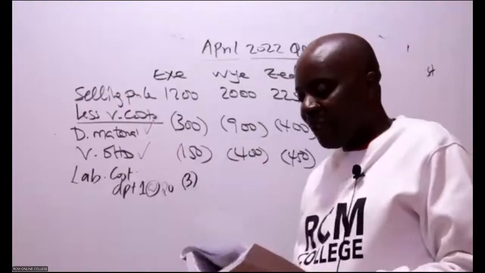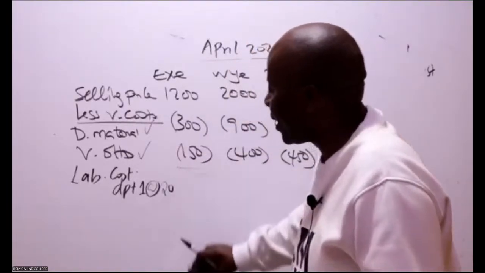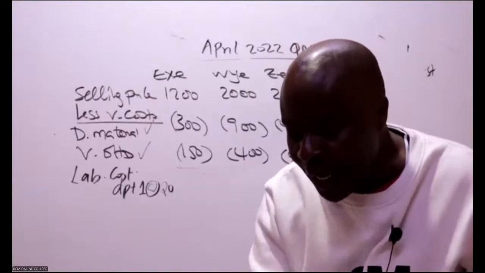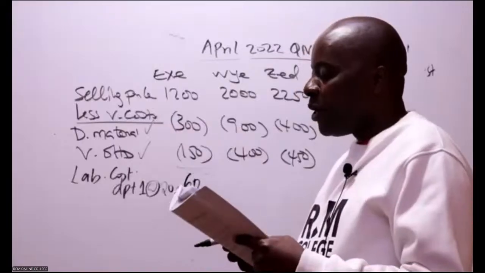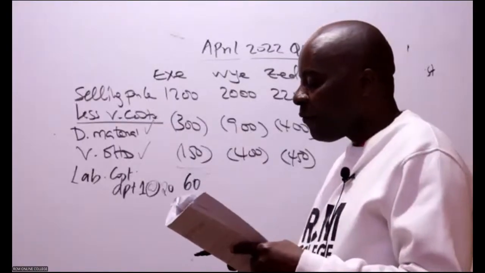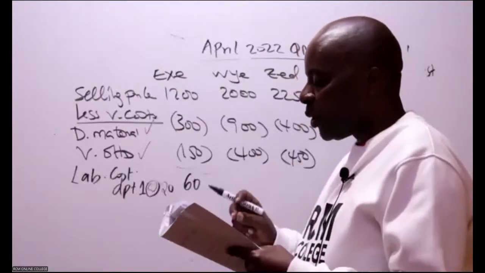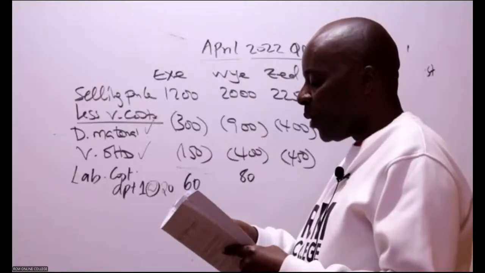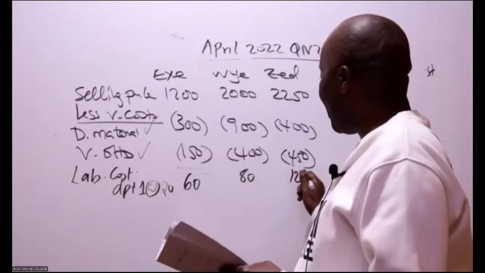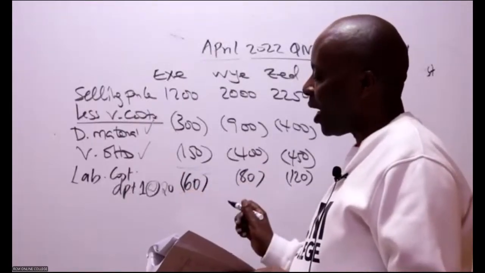Department 1 needs 3 hours for X, so 3 times 20 gives me 60. For Y, 4 hours, so 4 by 20, remember the rate is 20, gives me 80. 6 times 20 gives me 120. That is labor cost under department 1.